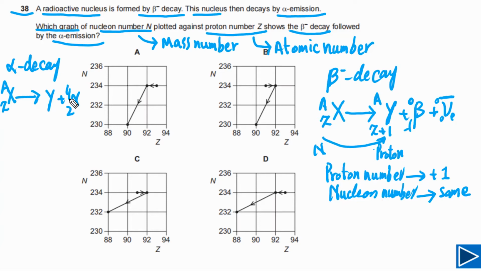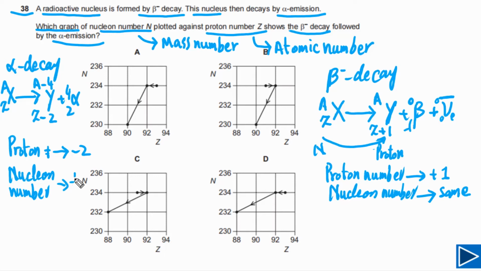When an alpha particle is emitted, atomic number decreases by 2 and the mass number, meaning the nucleon number, decreases by 4. So proton number decreases by 2 and nucleon number decreases by 4.